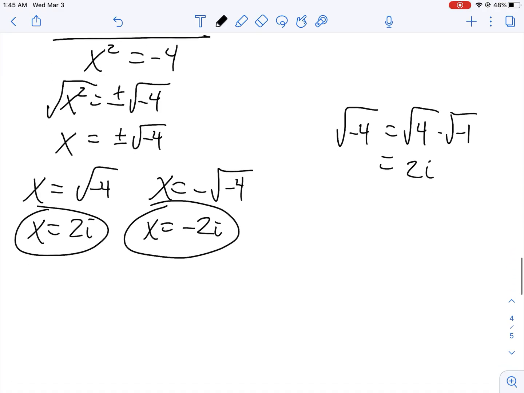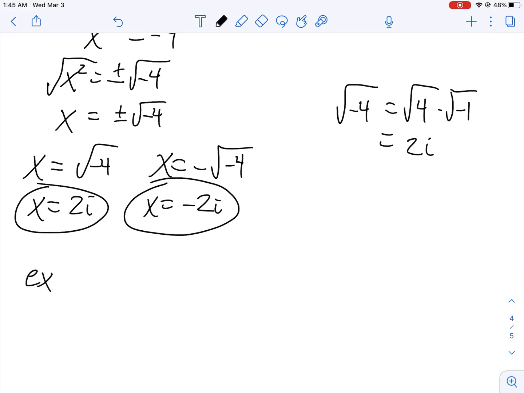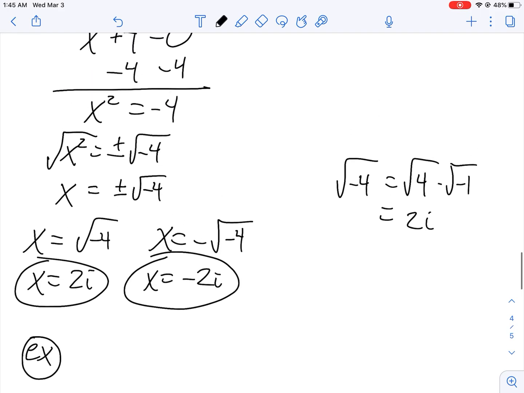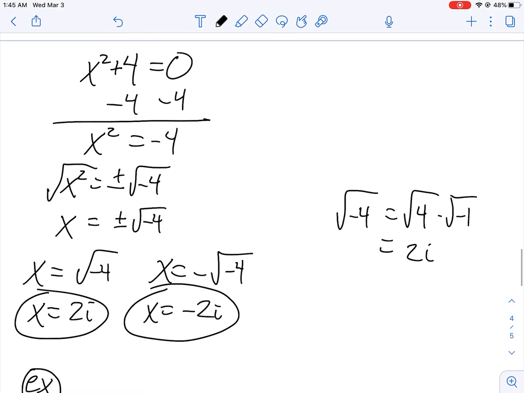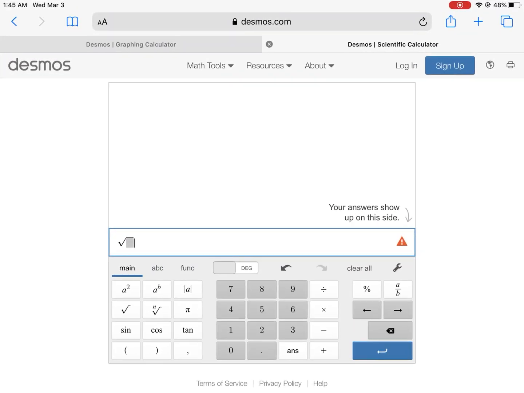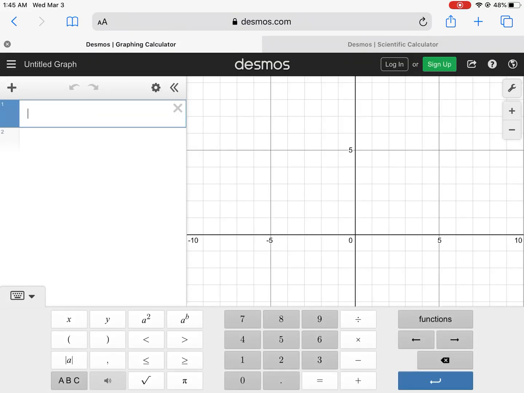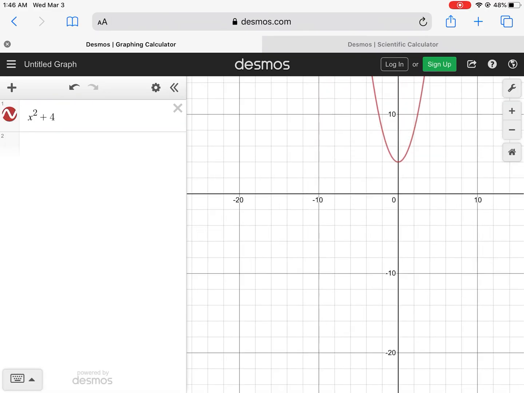Let's do another one. Probably a couple examples of these, and this is the end of it. This is what we're here to do, get the complex solutions to quadratics. If we want to, we can look at this graph on Desmos: x squared plus 4 equals 0. Let's go ahead and graph it up. And what you'll see is we do not cross the x-axis.